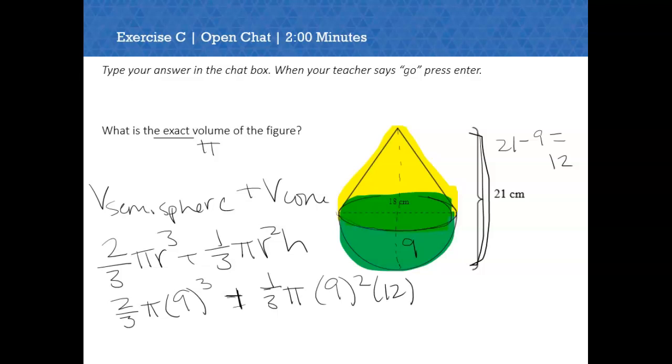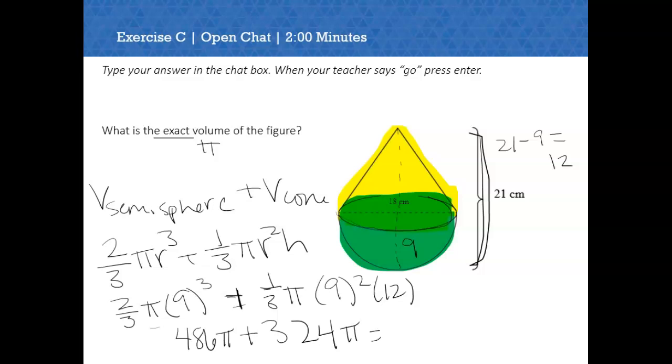So 9 cubed means 9 times 9 times 9 times 2/3 is 486. So 486 pi. Don't forget the pi. We're treating that like a variable. Plus 9 squared, or 9 times 9, times 12 times 1/3 is 324 pi.